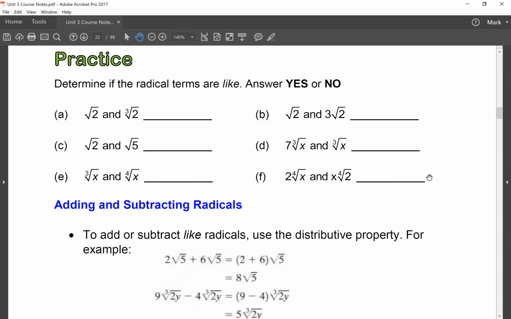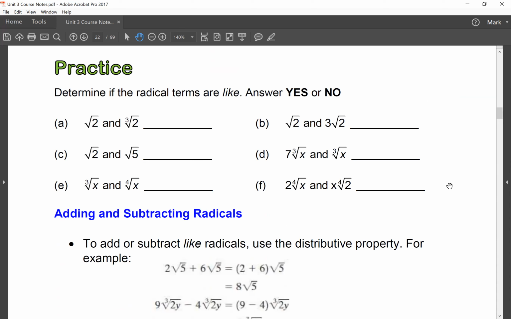So very easy, quick warm up here. Determine if the radical terms are like, just answer yes or no. So this is pretty easy. Just to warm up here, the answer to A is no, because this is a square root and this is a cube root. The answer to B would be yes.